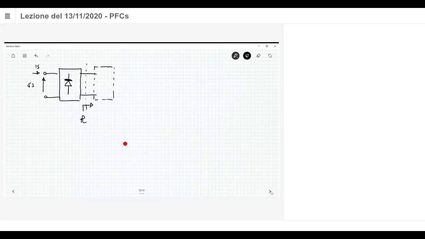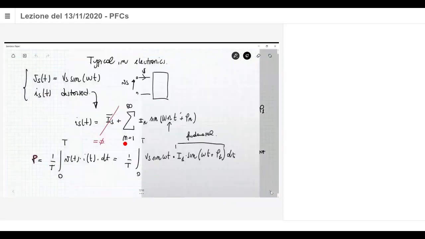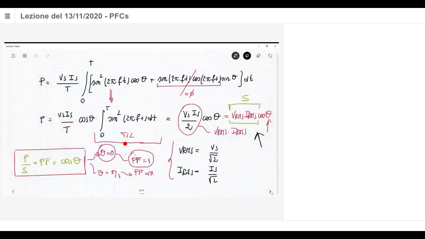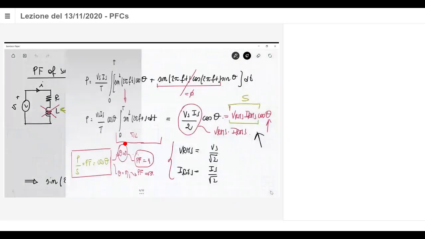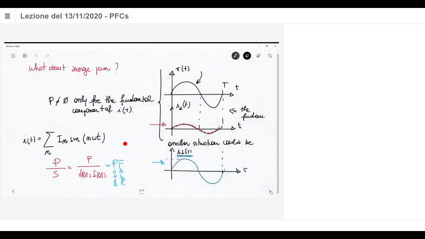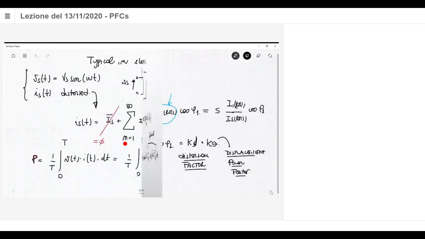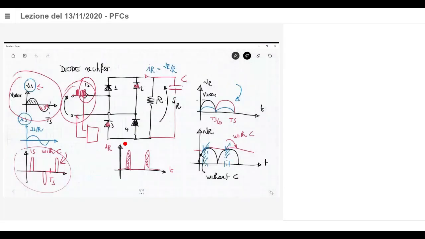Okay, because this situation is the situation that I depicted, for example, here. Remember this circuit here without the capacitance.